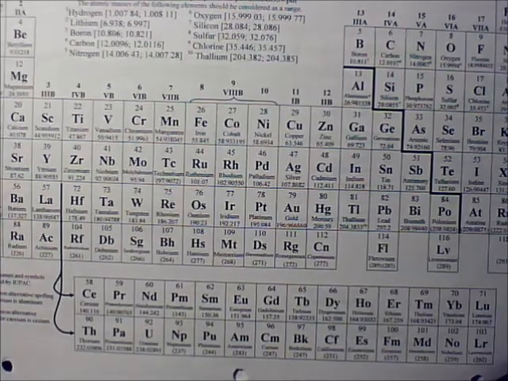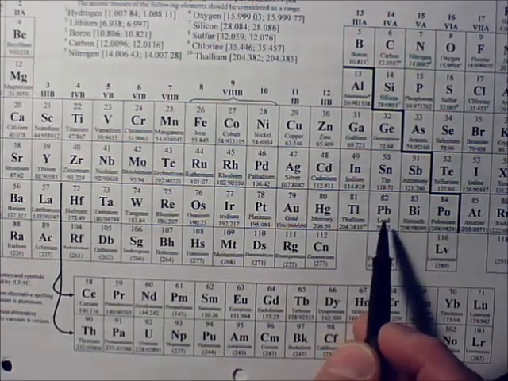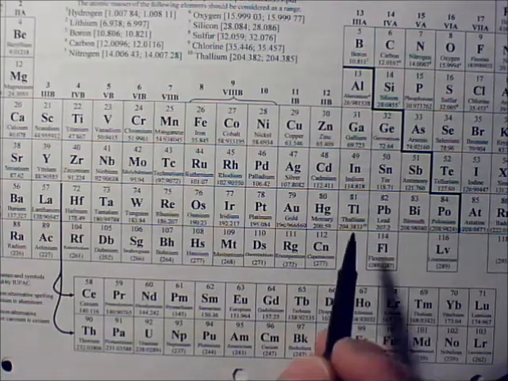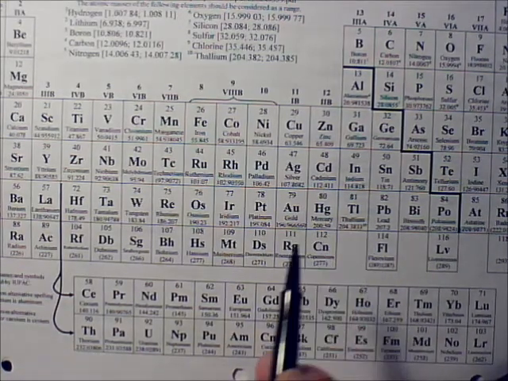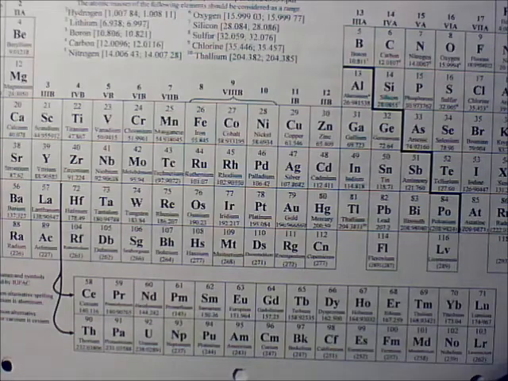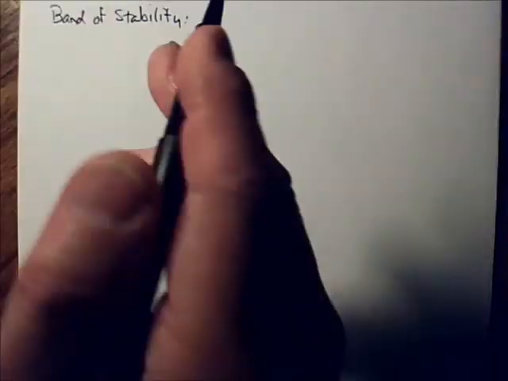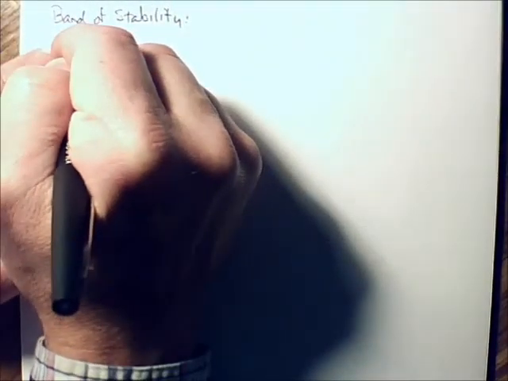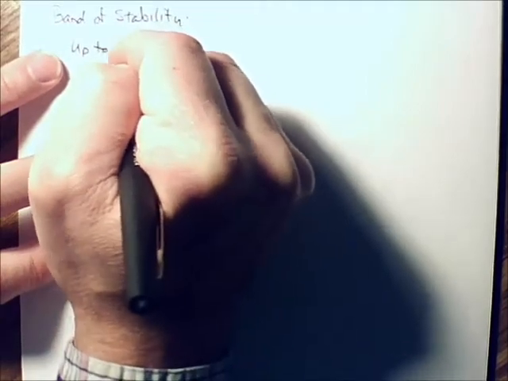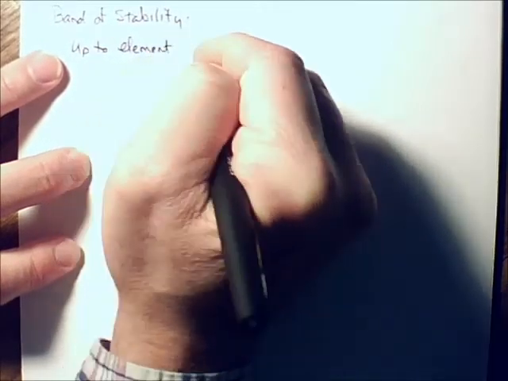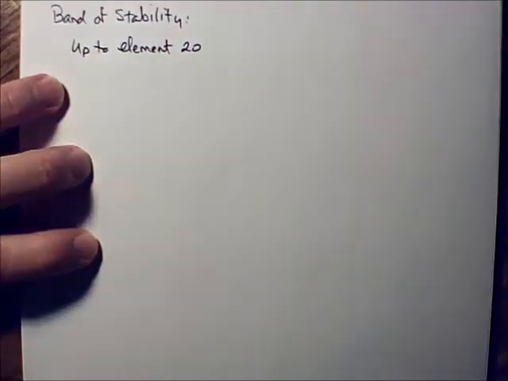All right, so beyond 82, there are no stable isotopes. But it turns out we can kind of predict in general when isotopes are stable or unstable. And here's how it works. Up to element 20, and this is kind of a general rule, all right? It's not specific. You can't do the math and always predict it, but it's kind of a general rule.